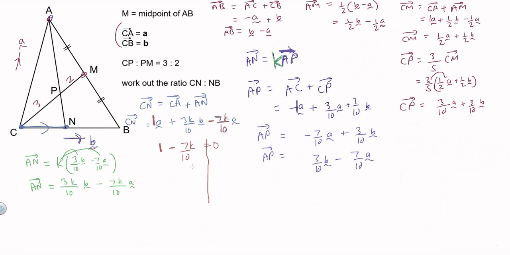There are many ways you can solve this. You can solve it in your own way if you want. I'm just going to do plus 7/10 k on both sides. This will cancel. You're left with 1 is equal to this thing over here. To get k by itself, just times by 10 and then divide by 7.